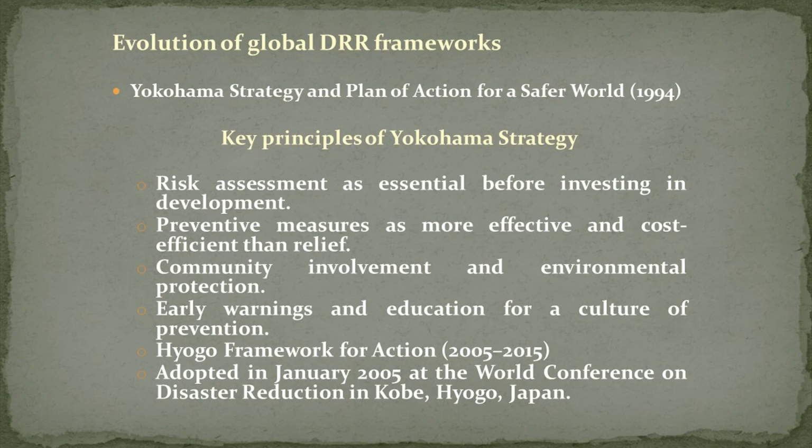Now coming to the Hyogo Framework for Action, that was in between the year 2005 to 2015. Adopted in January 2005 at the World Conference on Disaster Reduction in Kobe, that is Hyogo, Japan, shortly after the devastating 2004 Indian Ocean tsunami, by 168 UN member states, the Hyogo Framework for Action, building the resilience of nations and communities to disasters, was a 10-year global blueprint.